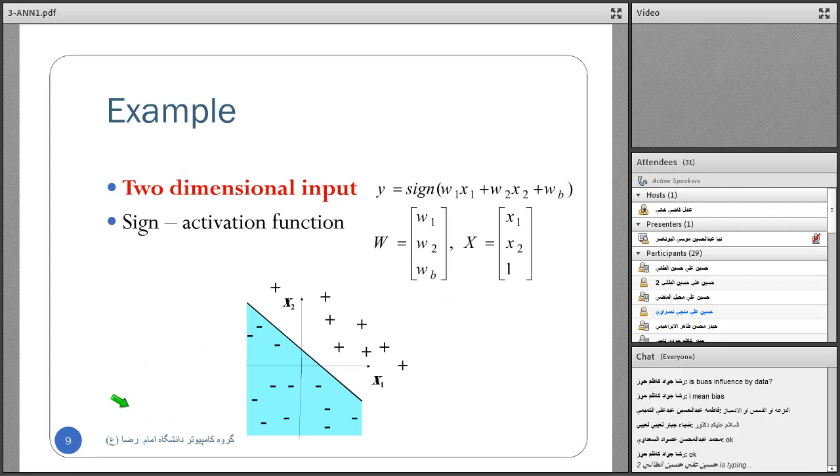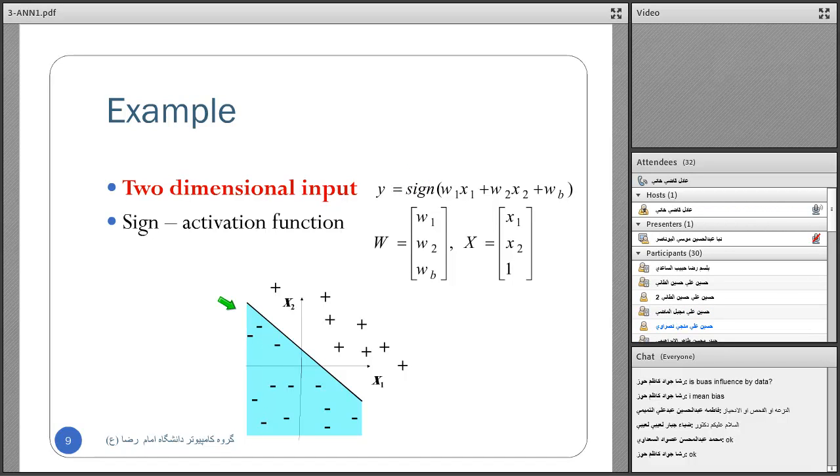If we use the sign activation function, the learning model would be like this: y equals sign of w1 x1 plus w2 x2 plus wb. As we said, this sign gives us two values, +1 and -1.